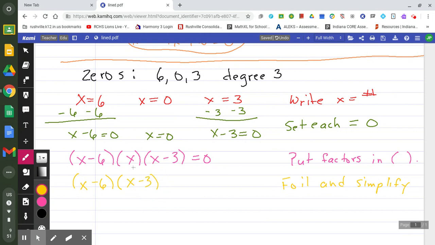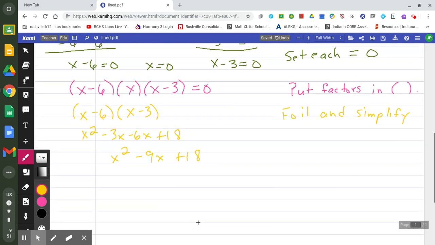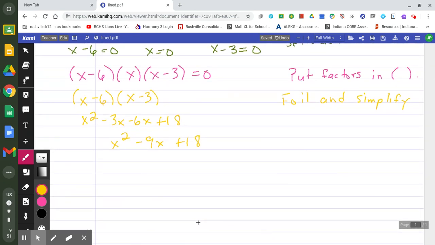And I'll worry about this plain x in just a minute. So as I FOIL, I will get x squared minus 3x minus 6x plus 18. And then that simplifies to x squared minus 9x plus 18. And then I still have that pink x.